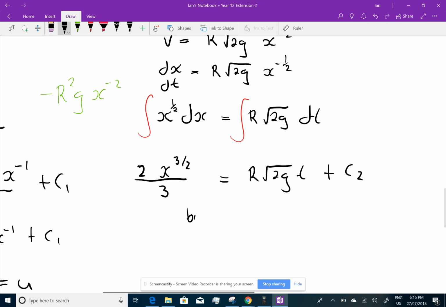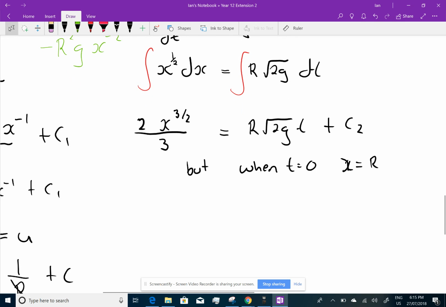Now, but when t equals 0, we're at the centre of the Earth. So x equals r. So I'm going to get 2r to the 3 on 2 on 3 equals, t equals 0, that goes c2.